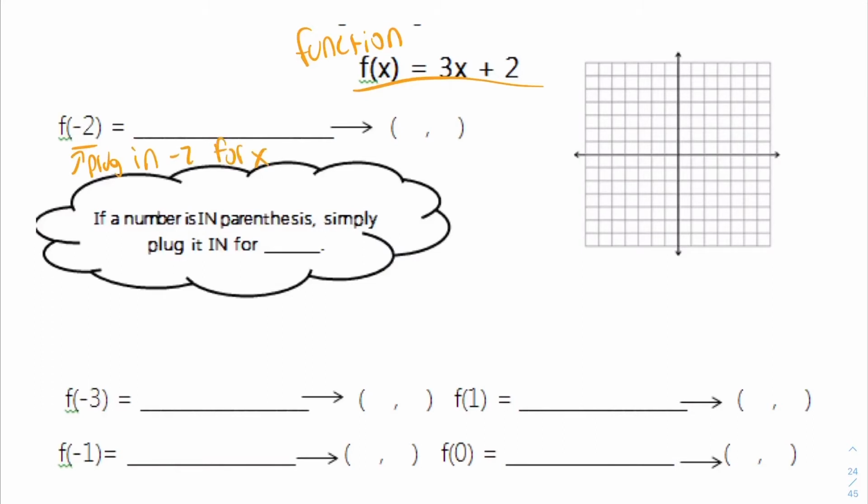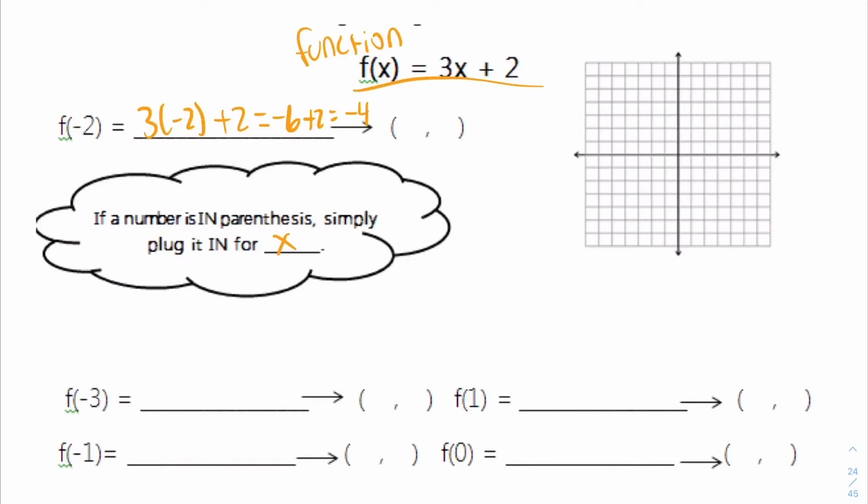If a number is in the parentheses, simply plug it in for x. That means we're going to do 3 times negative 2 plus 2, which equals negative 6 plus 2, which equals negative 4.